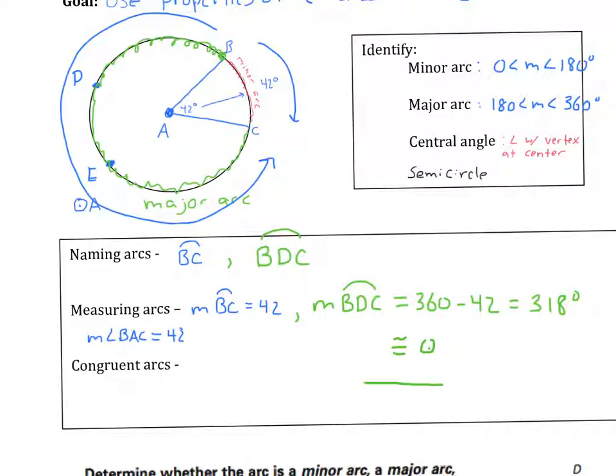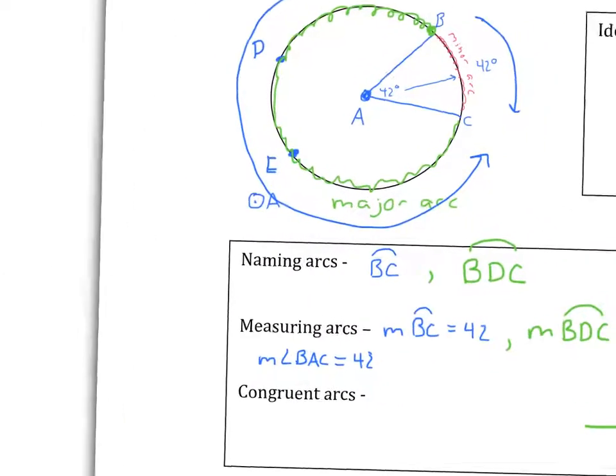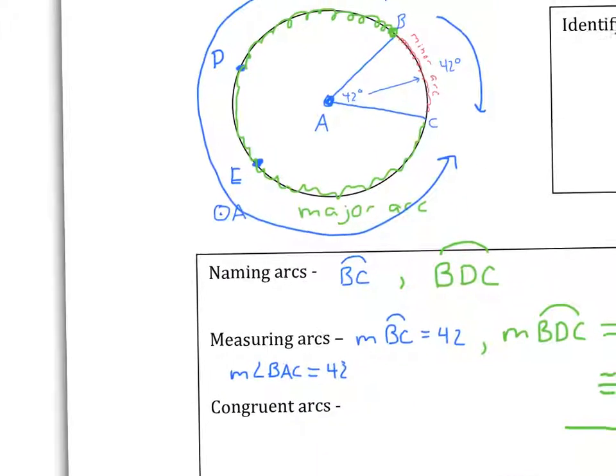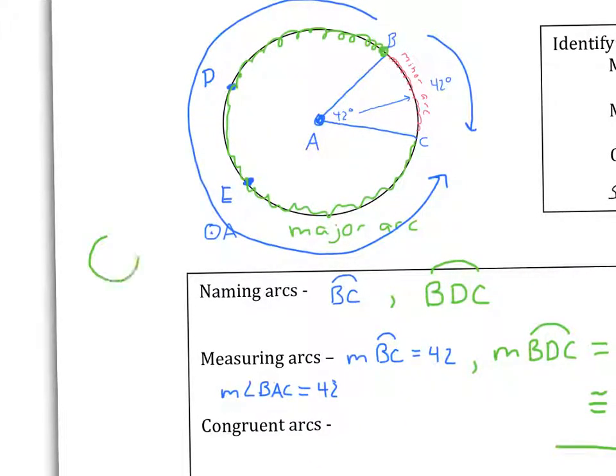But notice, for example, that if I had two different circles, this one here, and a clearly larger circle, and I was talking about this arc right here, and that arc measured 42, and this arc here also measured 42, clearly those cannot be congruent, because as we see here, just this distance here is clearly smaller than this distance here. So there's no way they can be congruent, because the two circles are not congruent.